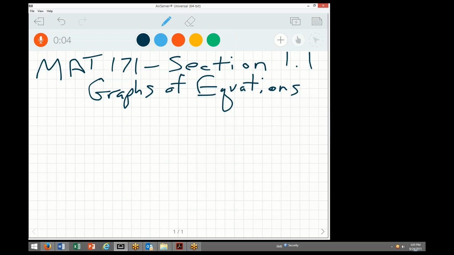The drawback is my finger is the drawing device, and trying to write with my finger looks a little bit primitive, I guess I could say, but if you can follow and understand, then we'll make progress here together. So again, there's your title right there, Math 171, Section 1.1, Graphs of Equations.